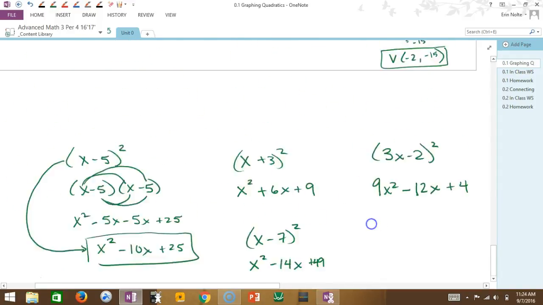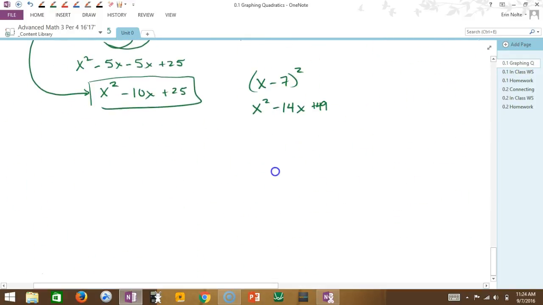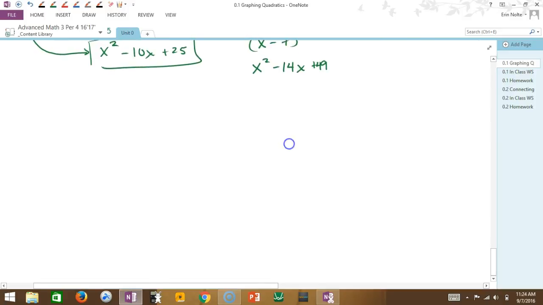Okay, so now that we're experts at foiling, let's go from vertex to standard form real fast. Let's choose red. Okay, so let's say we had y equals negative 3 times the quantity x minus 6 squared, plus 2.